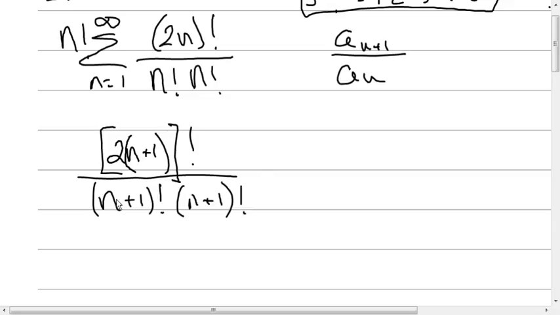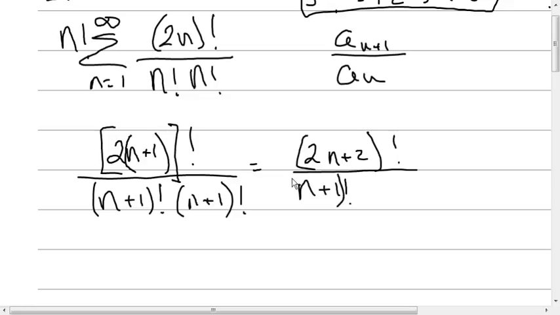And you don't FOIL these. No, it doesn't work that way. These are factorials. You have to treat them special. This thing here we can rewrite as simply 2n plus 2, that whole thing factorial, over n plus 1 factorial times n plus 1 factorial, which kind of looks like a mess.